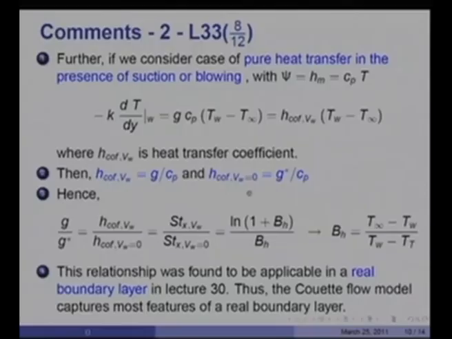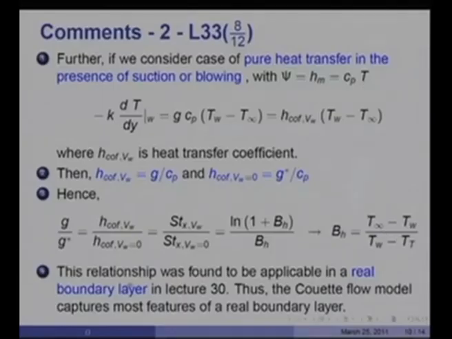Therefore, we deduce that g over g star would also be equal to h of Vw divided by h of Vw equal to 0, equal to Stanton x for Vw divided by Stanton x for Vw equal to 0, and that would equal ln Bh by Bh, where Bh now is T infinity minus Tw over Tw minus Tt, because specific heats in all states are taken to be constant at the moment.